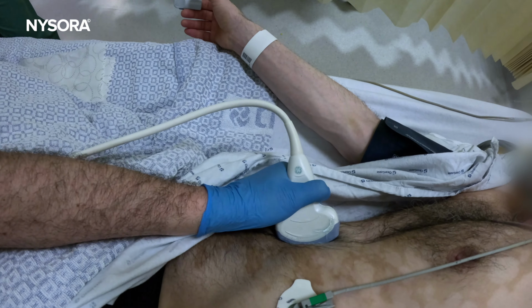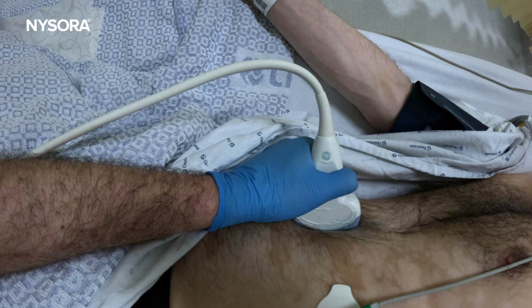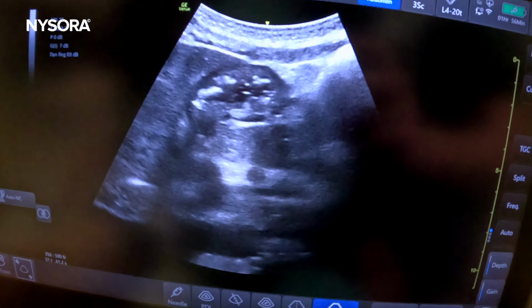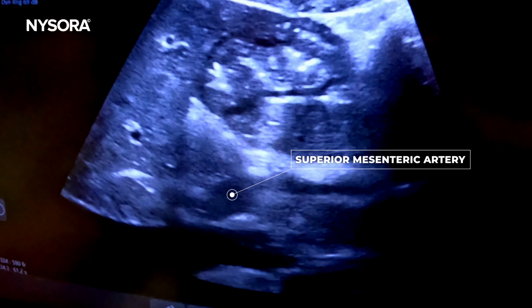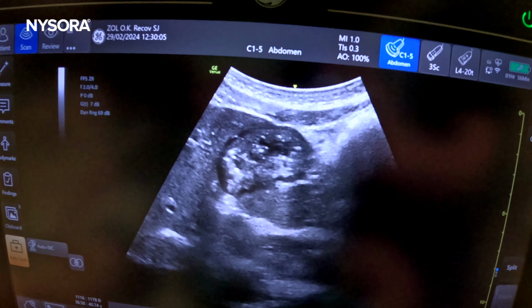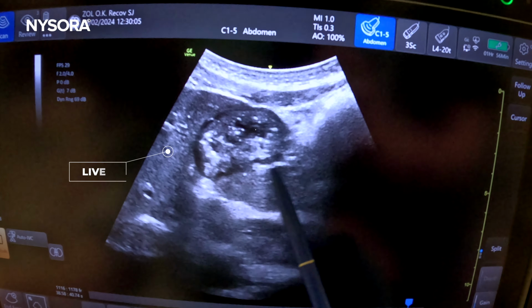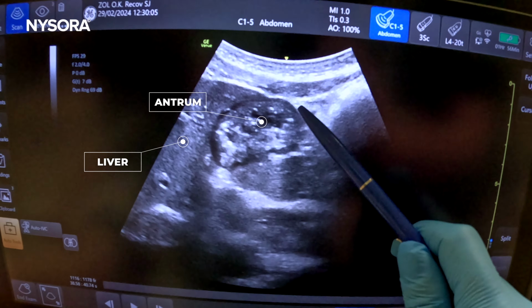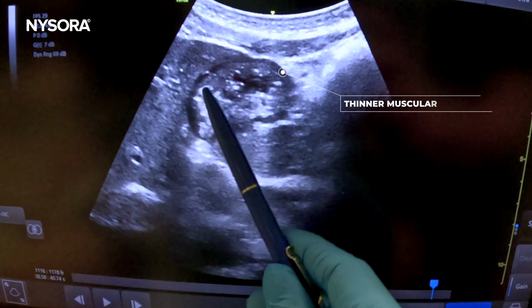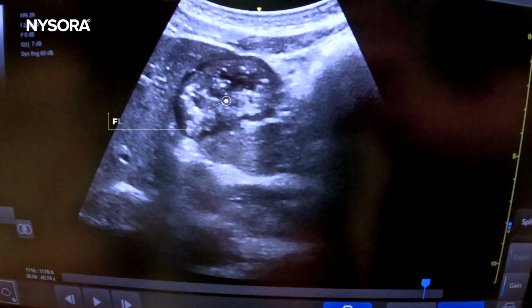Same approach, midline, subxiphoid. At this point, it's more difficult to visualize the superior mesenteric artery, yet we have a good view of the liver, the antrum of the stomach, in which we see now that the muscularis is thinner and there is fluid inside the stomach.